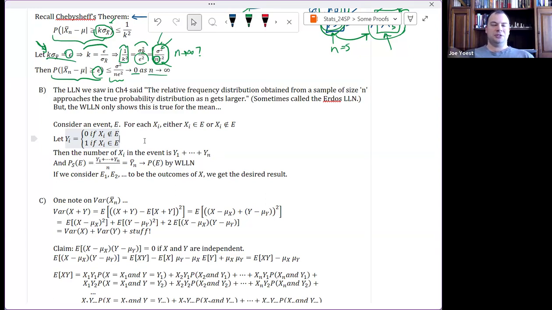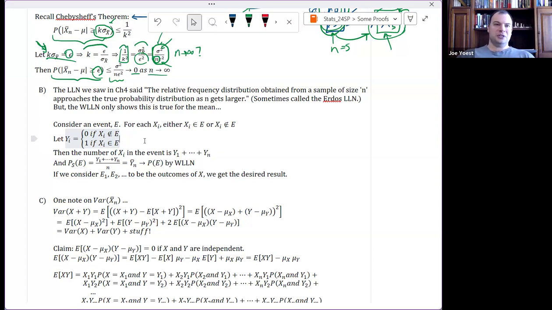X1 is 6 feet 2 inches. But I can look at a different variable that's related to that. I can ask, is that first person taller than 6 feet tall? Well, they were 6 feet 2 inches. So y1 would be 1. Y1 indicates that, yes, this person is above 6 feet tall. They are in the event.